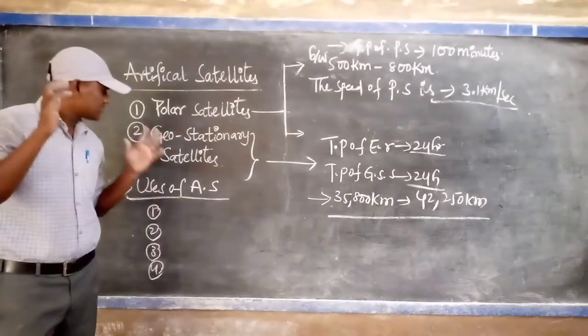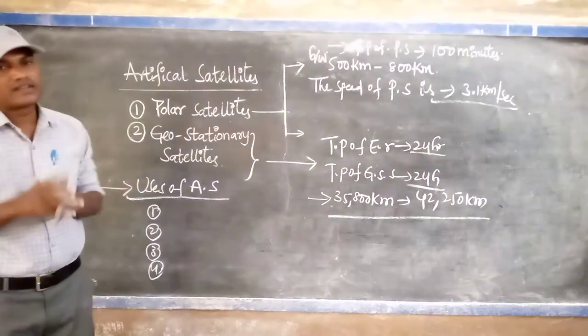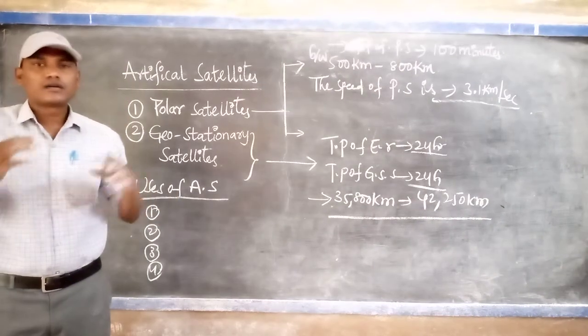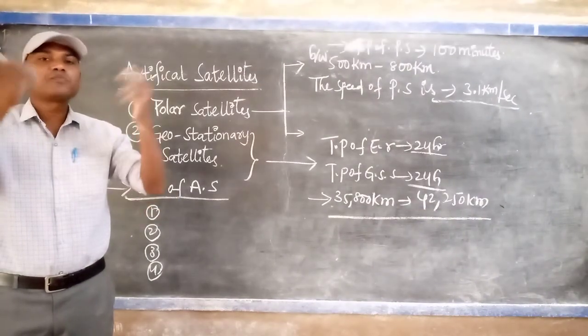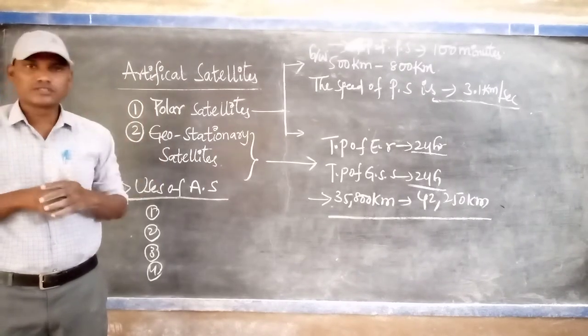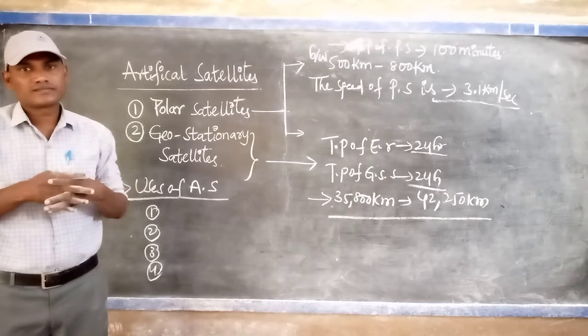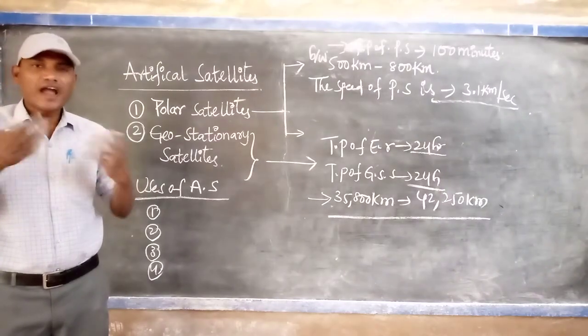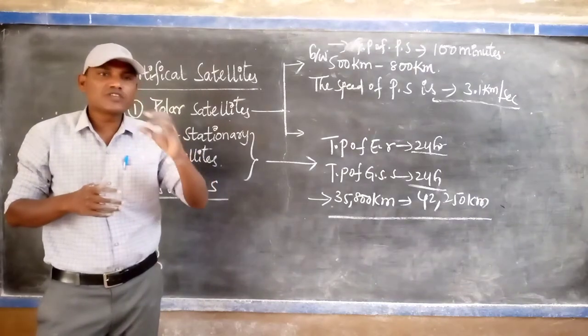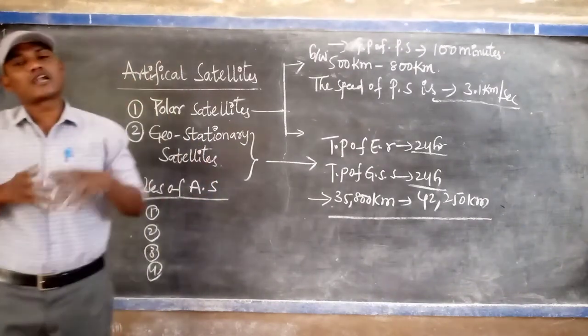So what are the uses of the satellite, either polar or geostationary? To know the size and shape of the earth. What is the shape of the earth? Spherical. And the weather forecast, to know the forecast changes in the atmosphere.